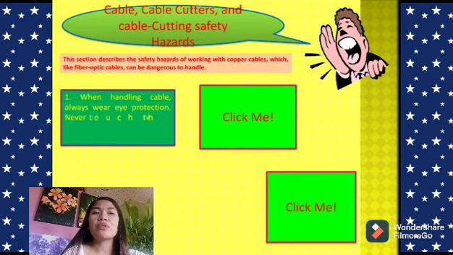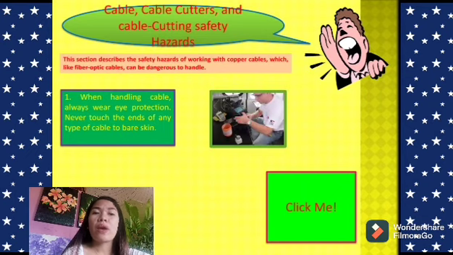So in handling cable, always wear eye protection and never touch the ends of any type of cable to bare skin. So all you need to do, of course, is use proper protective equipment to protect us from harm.